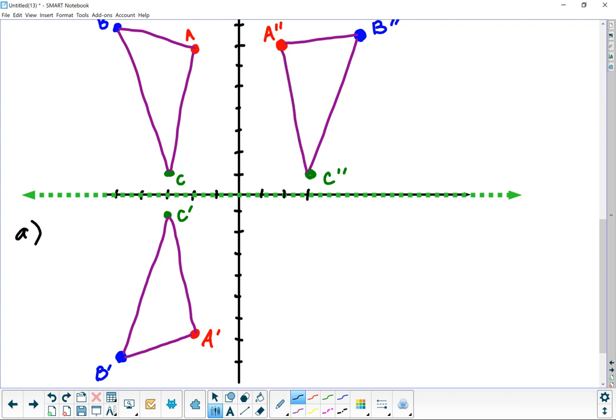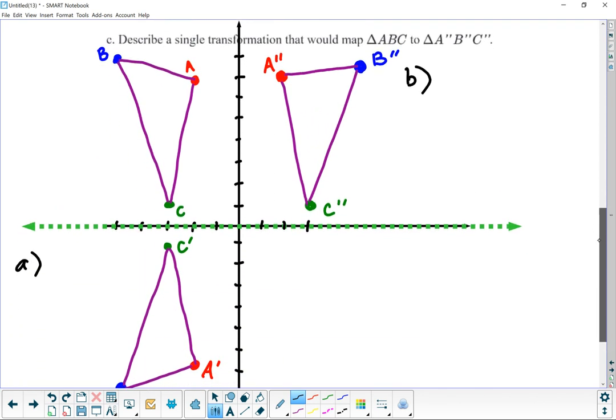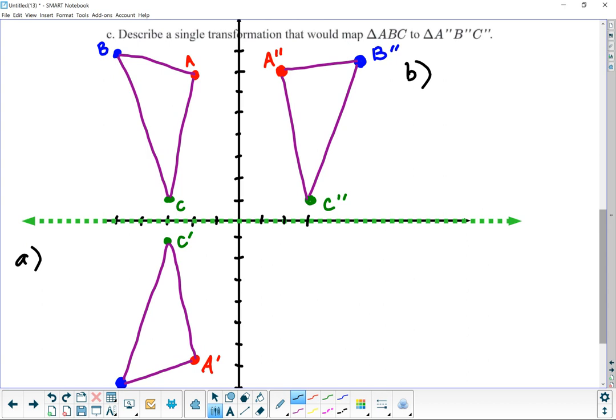Part B right there. That's if I rotate this 180 degrees. And part C, describe a single transformation that will map triangle ABC to triangle A double prime, B double prime, C double prime.